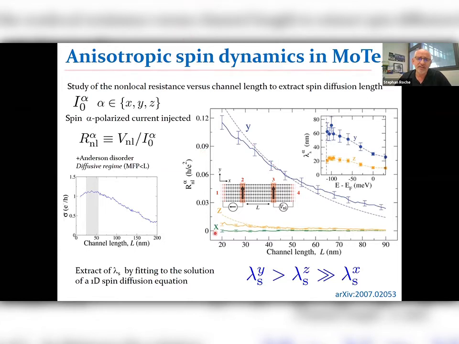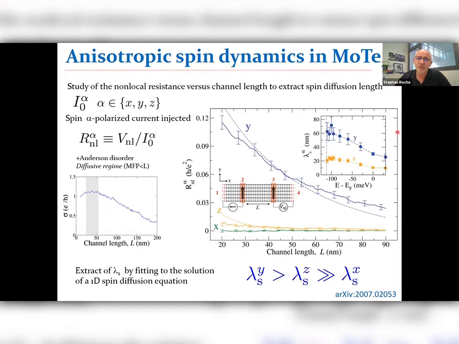And you clearly see that the non-local resistance is very different between the Y polarization of the spin injected, the Z and the X. And this is fully consistent with the strength of the spin orbit coupling parameters. And so that reflects this modification of the spin diffusion length.